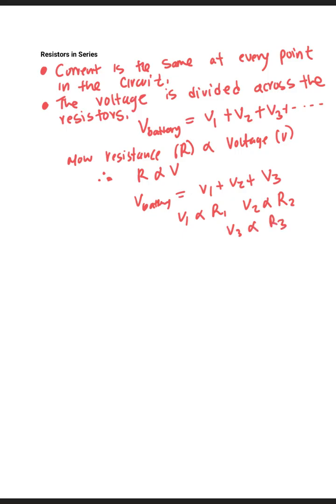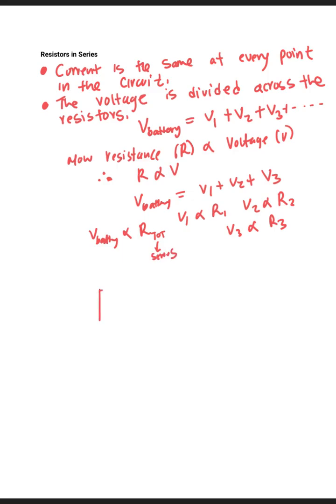And we can say V battery will represent the total resistance. So V battery is directly proportional to what we call R total, or we can call it R series. And then this will be our circuit.